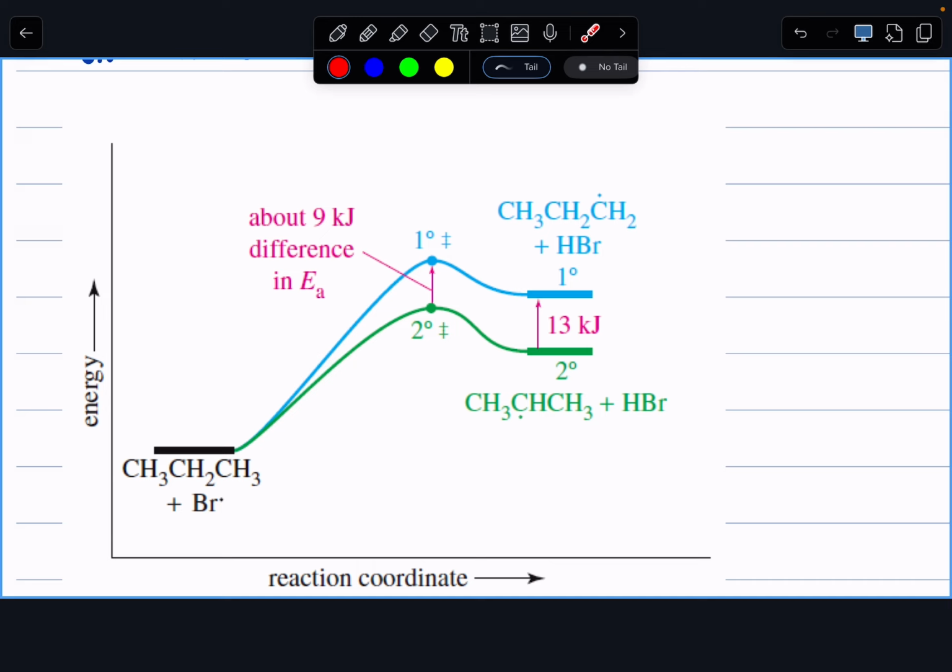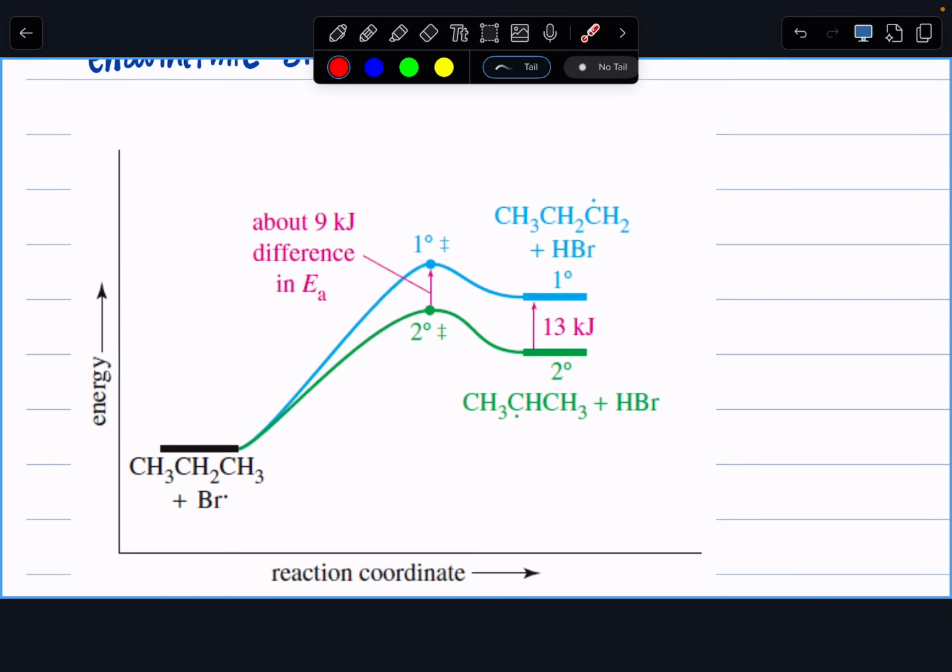So for the bromination transition states, because they are closer in structure to the product, they are also closer in energy to the product. You don't have to be quantitative about the number, but you could expect these transition states to be quite different in energy, like what we would observe in the products.